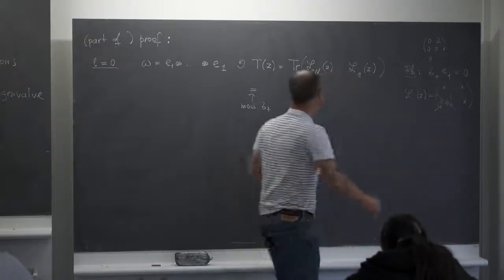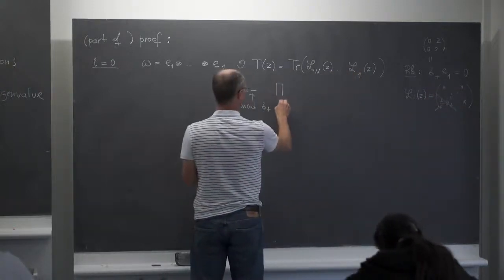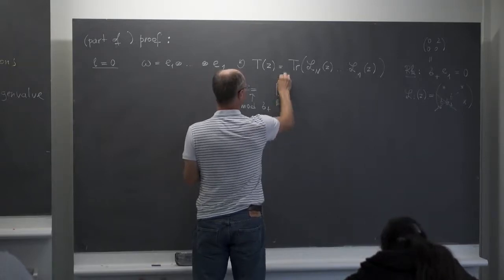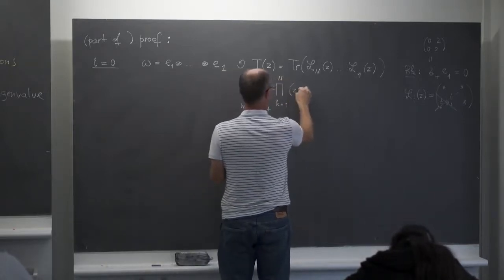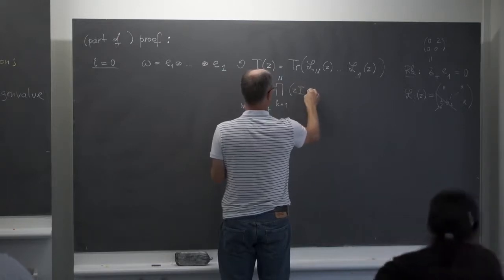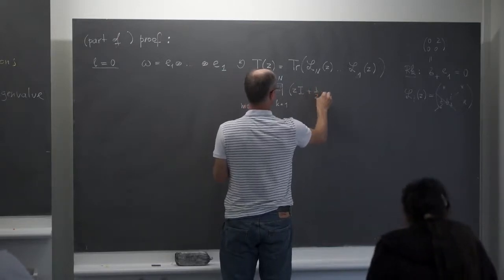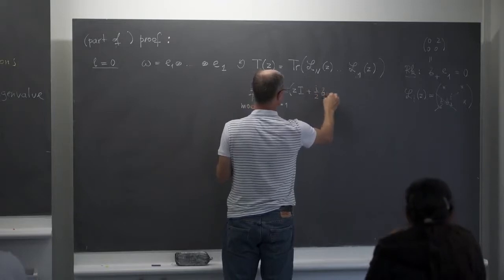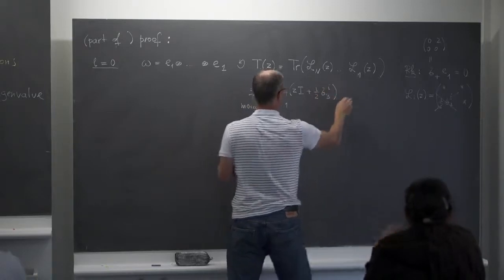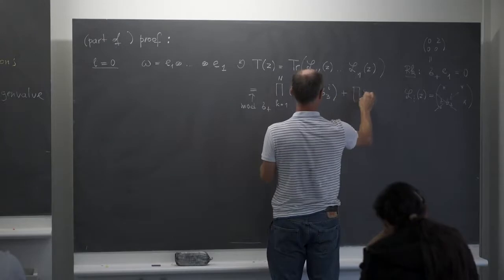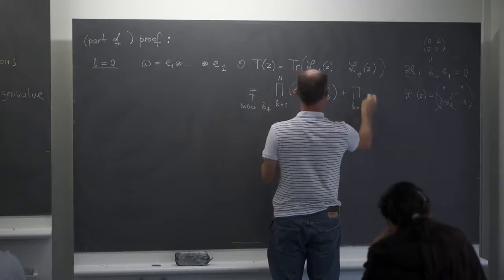So this is a product over, let's say, k from 1 to n, of z times 1 plus i over 2 sigma 3 i, plus the product of lower diagonal entries.